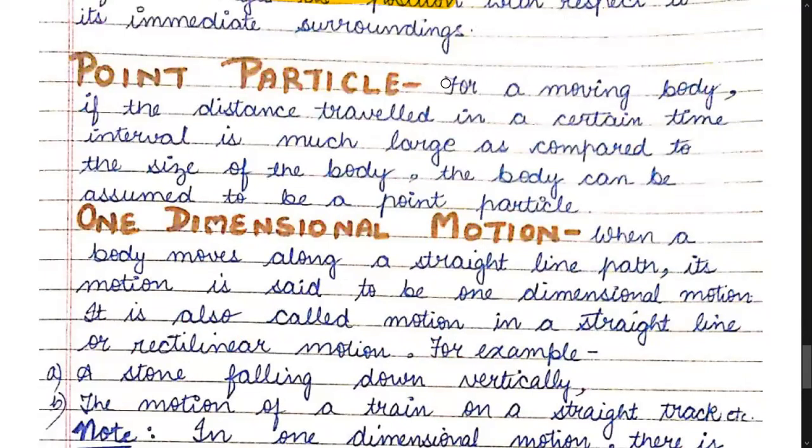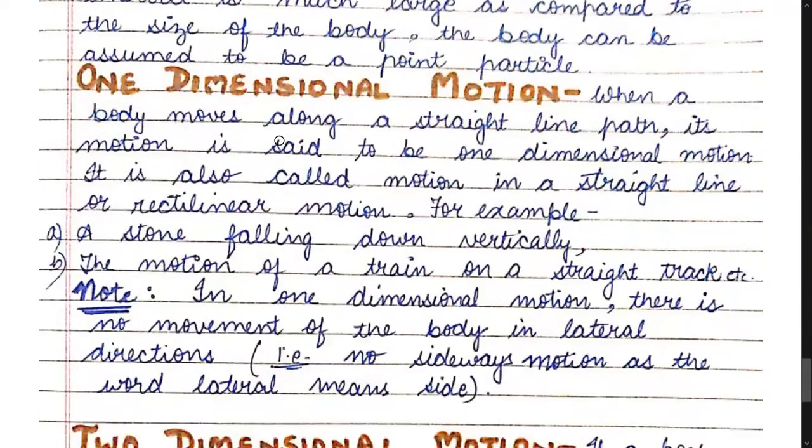Now coming to the point particle. Children, for a moving body, if the distance traveled in a certain time interval is much larger as compared to the size of the body, then the body can be assumed to be a point particle. Then we will study one-dimensional motion.